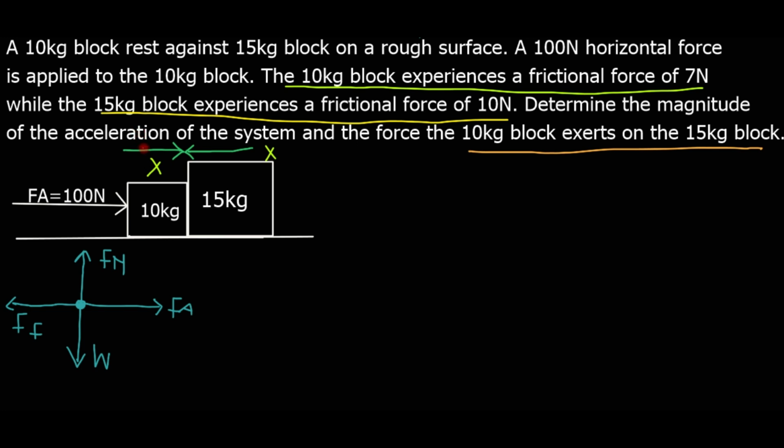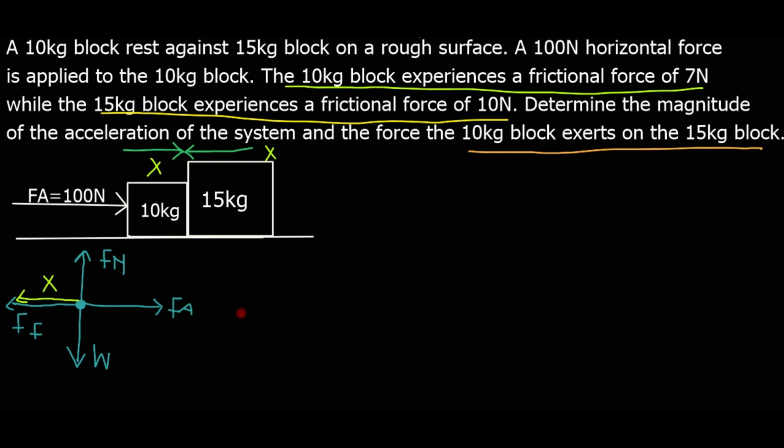And then we have another force. Remember, this 10 kg block pushes the 15 kg block to the right, and then the 15 kg block does the same thing, it pushes to the left, so we have a force that is called x.